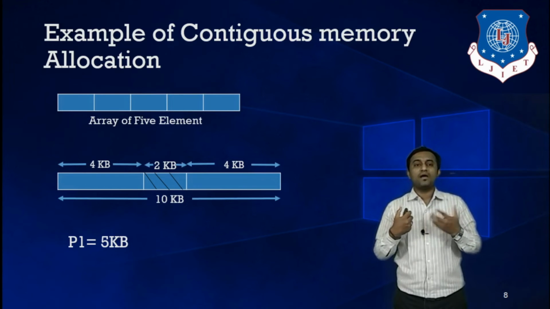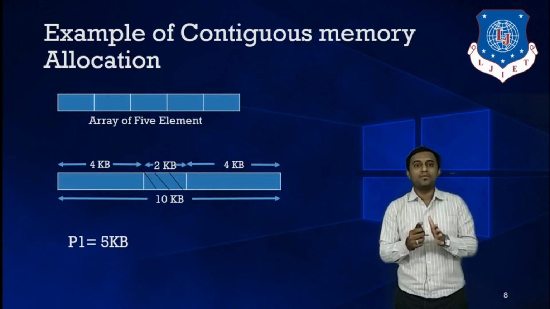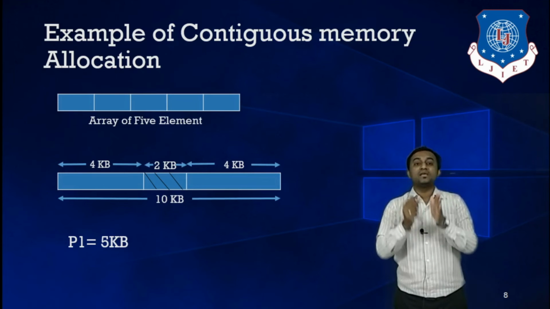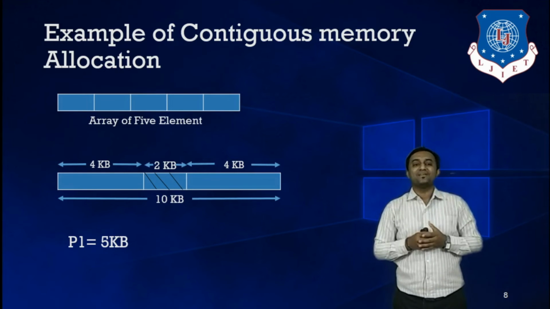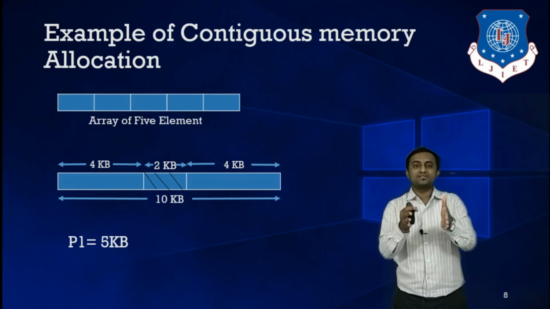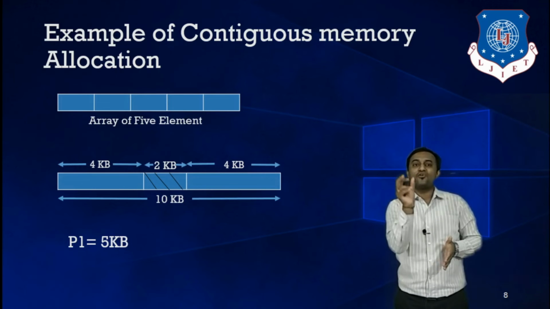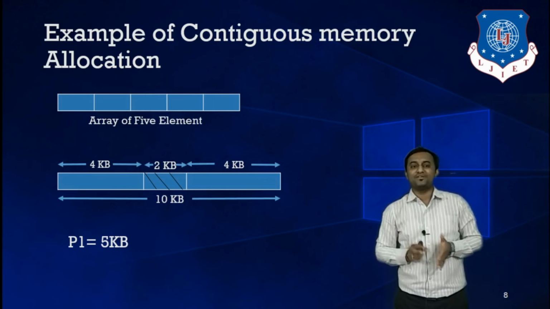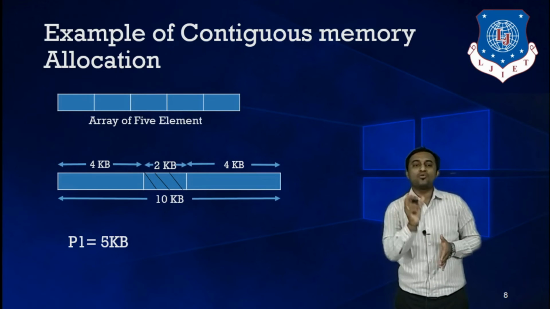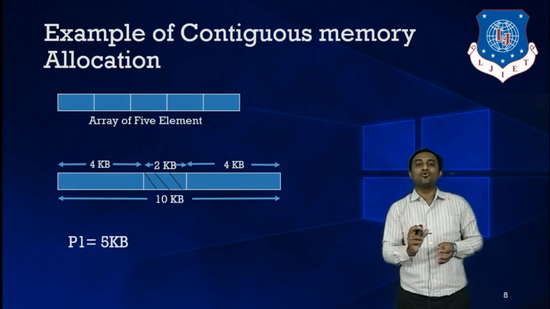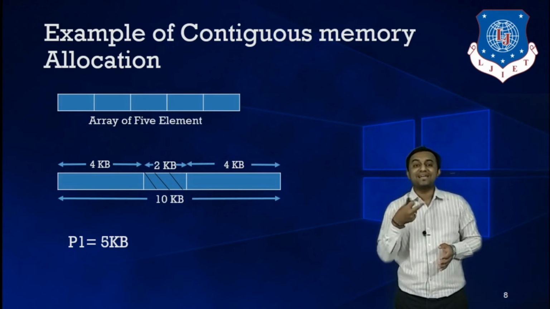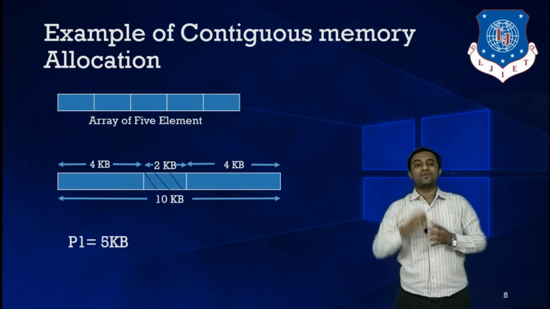But why can we not accommodate it? Because 5 KB of space is not available in contiguous fashion. Contiguously we have only 4 KB of memory. So if you are following this contiguous memory allocation policy, you cannot accommodate this process even though the available space is larger than the requested space.